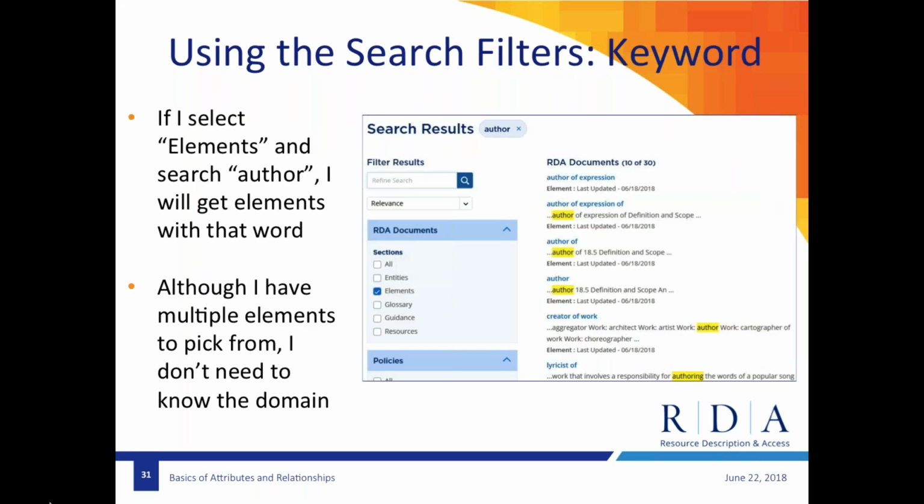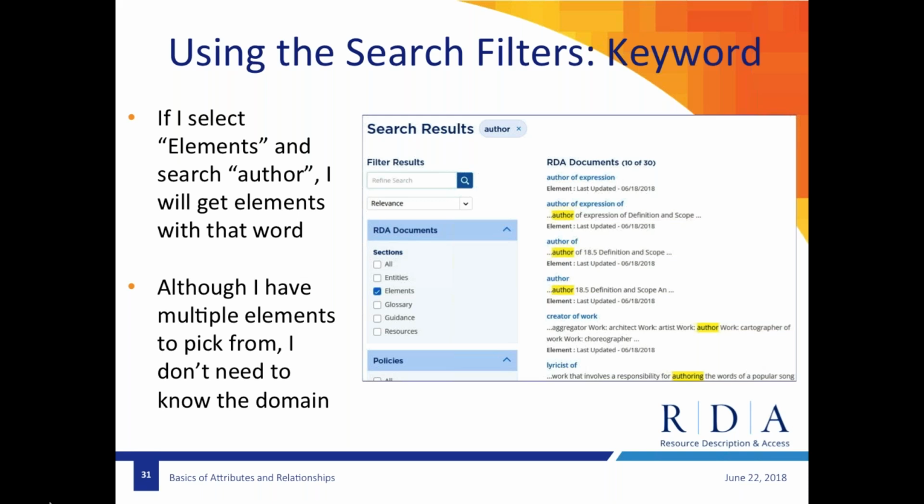This is a third way that I can search for an element. I can do a filter by element name, and if I search "author," you'll see I get all the elements that have "author" somewhere in there. It might be part of the name of the element itself, it might be in the definition and so on, but this gives me a nice list to choose from.